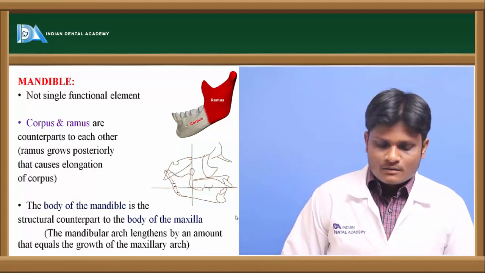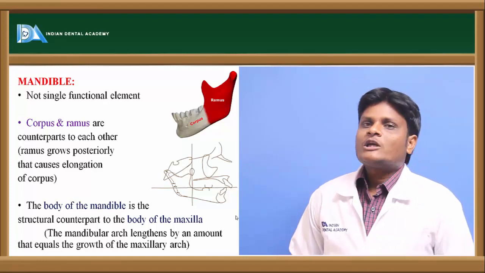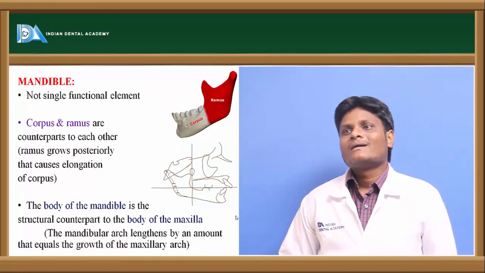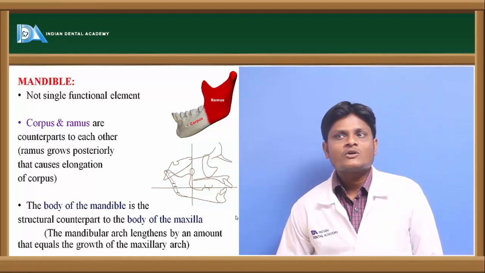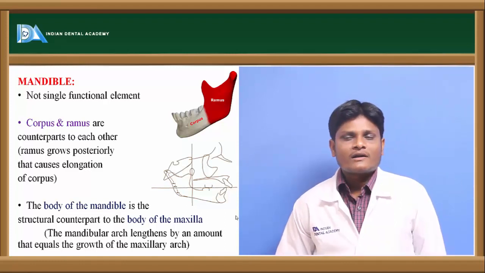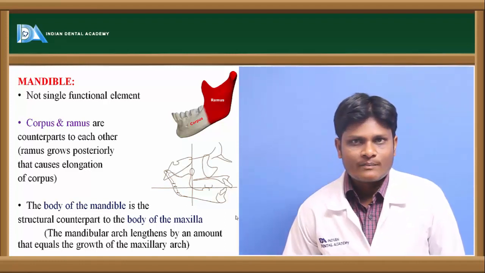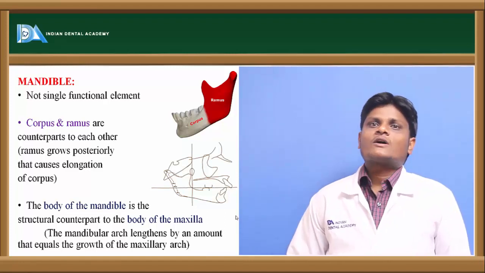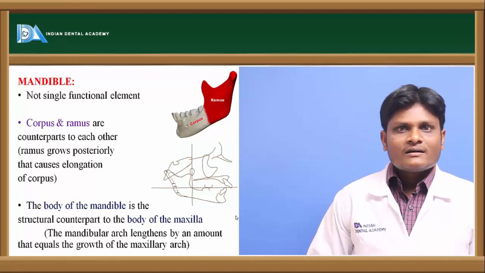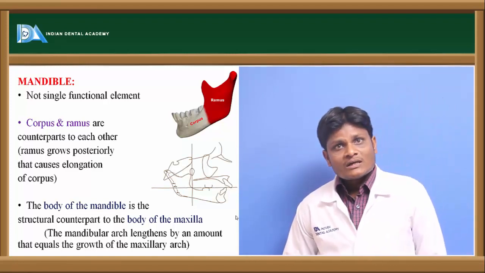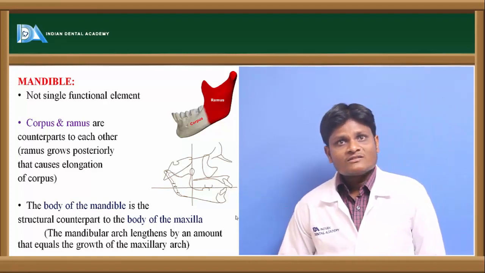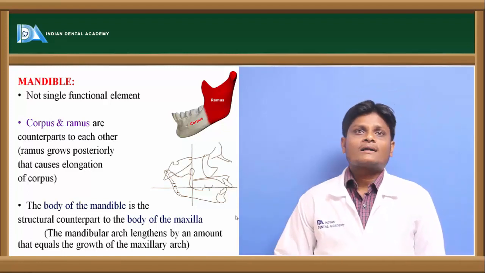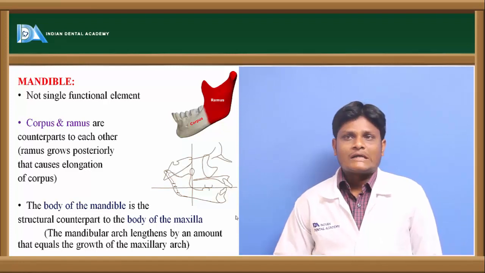That means the growth of the body of the mandible and the growth of the body of the maxilla should occur in a coordinated manner to ensure a normal relationship between maxilla and mandible. In the same way, the growth of the ramus and the corpus of the mandible should occur in a coordinated manner to ensure the proper relationship of these two structures within the mandible, thereby eliminating any occurrence of a craniofacial deformity.